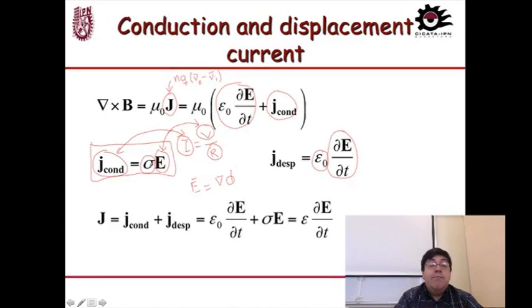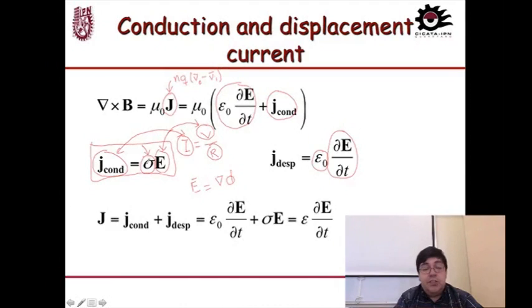Now we mentioned that this sigma parameter that I'm pointing at right now is just the conductivity of the material, and that tells us how conductive it is. So it is not too hard to imagine that the resistance of the material is just the inverse of the conductivity, or vice versa.